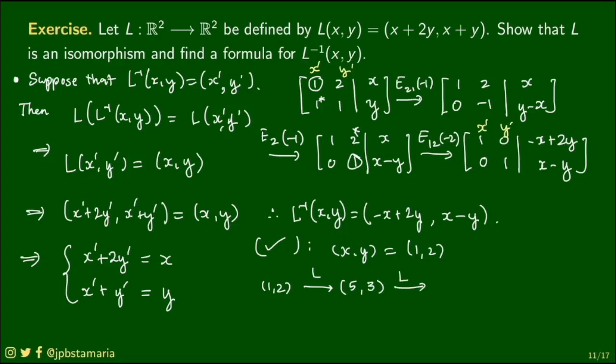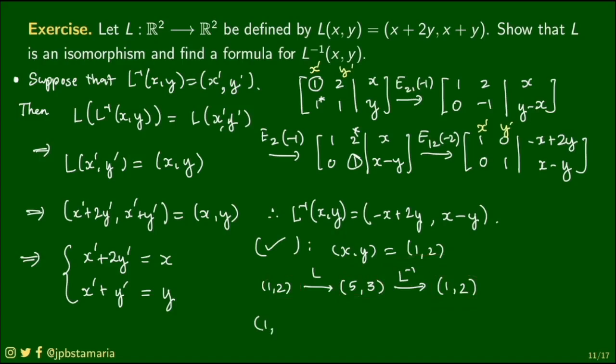Now if I apply L inverse using this formula, minus x plus 2y, minus 5 plus 2 times 3 is 1, and x minus y is 2. So as you can see, I go back from (1, 2) to (5, 3) and then back to (1, 2).